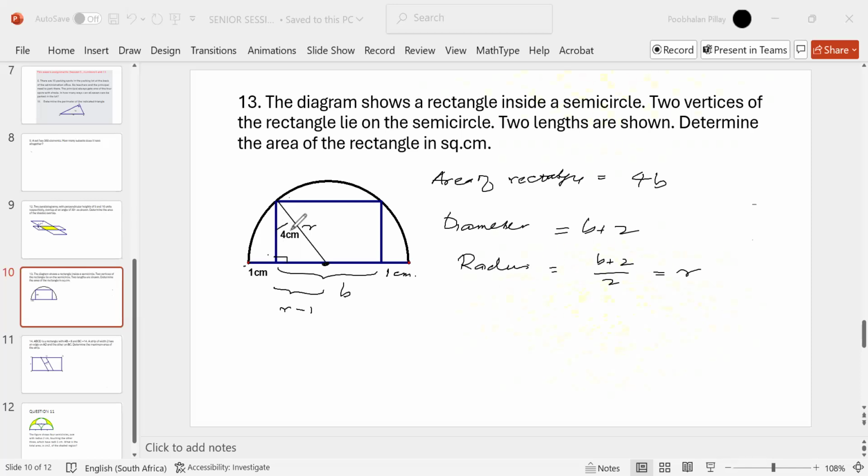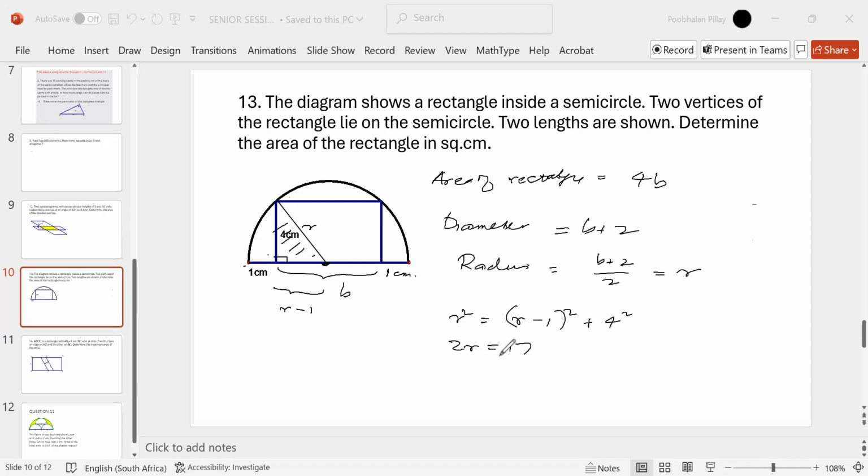So in this right angle triangle you've got one unknown. Using Pythagoras, the square of the hypotenuse is equal to R minus 1 all squared plus 4 squared. This squared plus that squared. And that allows you to calculate R. If you work this whole thing out, you get that 2R is equal to 17.